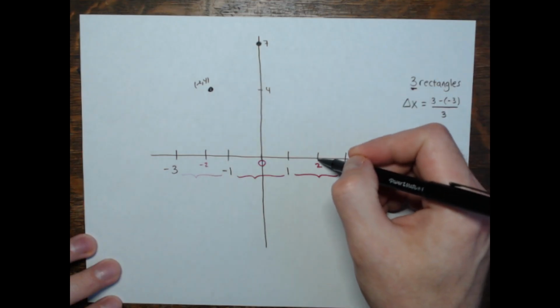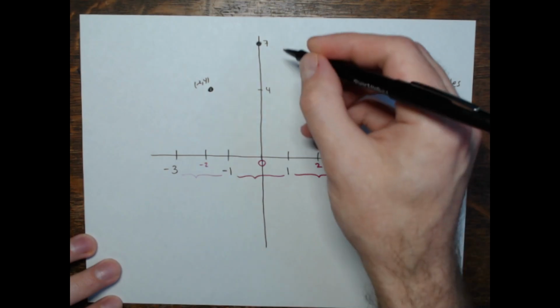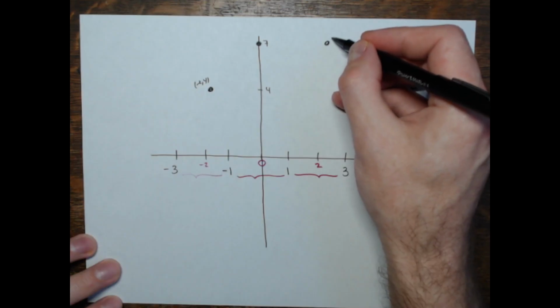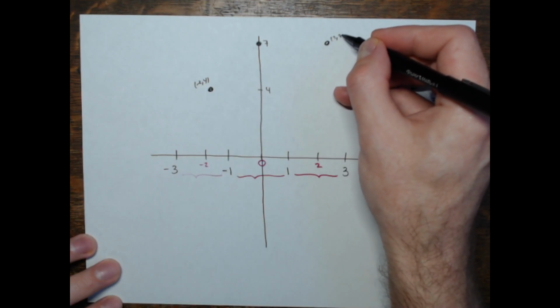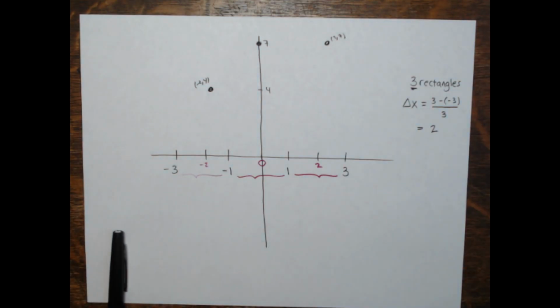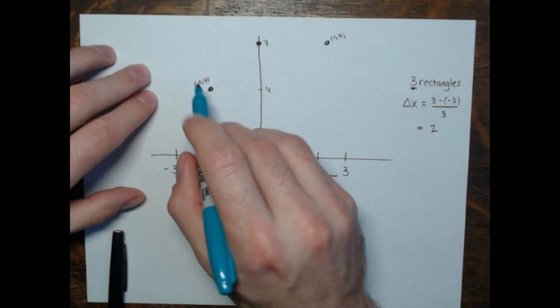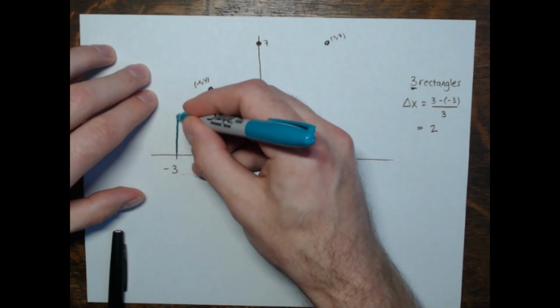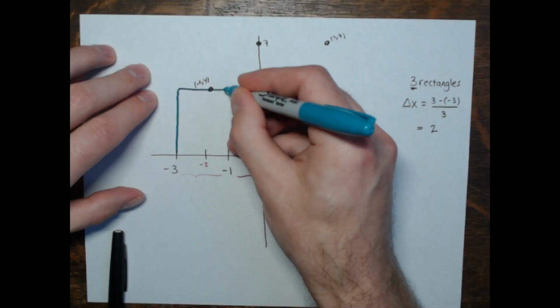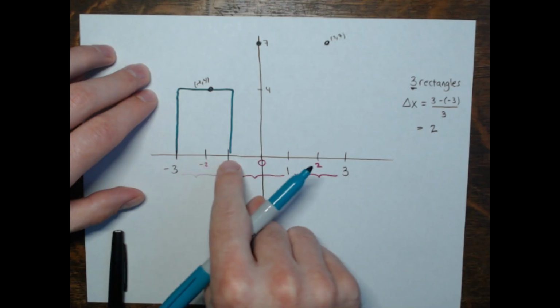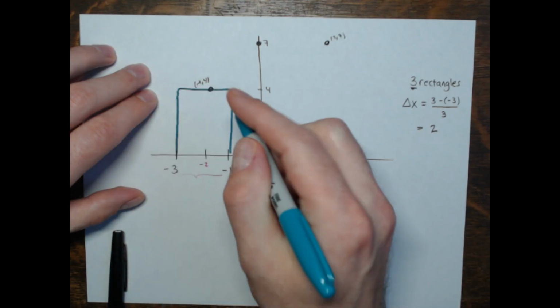And then at 2, the third midpoint here looks like it has a value of 7 again. So I'm just going to draw the rectangles. So again, in this first interval, I'd plug in -2, get an output of 4, and then just create a rectangle with that height and this delta x width, right? This width of 2 here, where -2 is the midpoint.